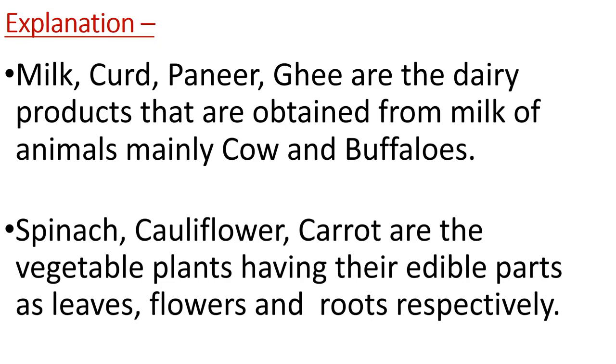Milk, curd, paneer, ghee are the dairy products that are obtained from milk of animals, mainly cows and buffaloes. Spinach, cauliflower, carrot are the vegetable plants having their edible parts as leaves, flowers, and roots, respectively.